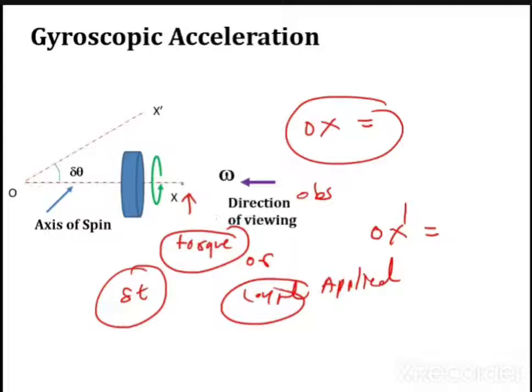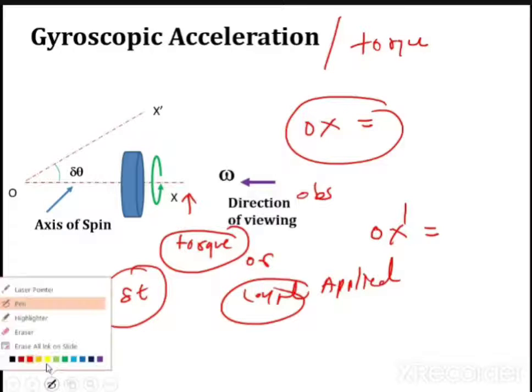So whenever you apply a torque or a couple to this OX axis, this axis will turn to its new position, that is OX dash. We'll understand that later on because we have to understand the next concept, which is called the gyroscopic couple or gyroscopic torque. For the applied torque or couple, we have to calculate a formula, but that is the next part.